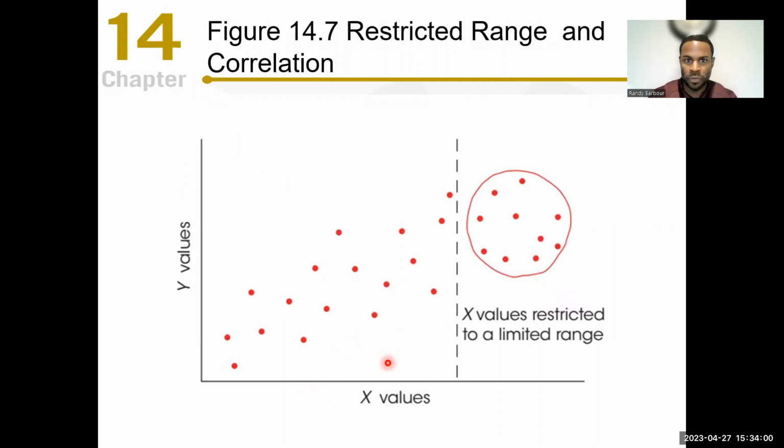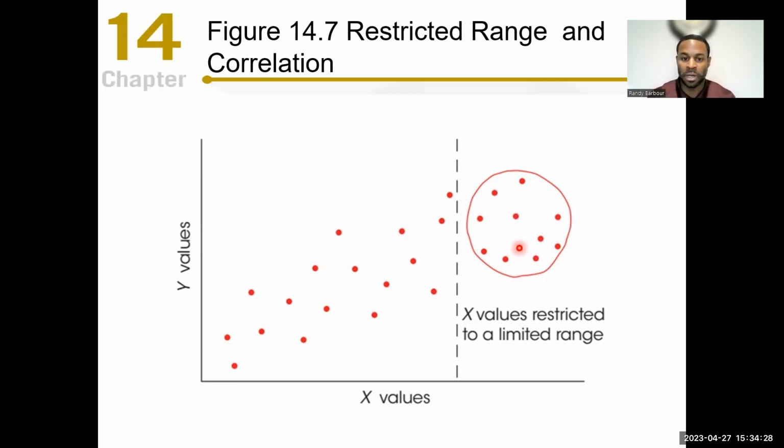Okay, so here's an example. In the values here, you see a positive correlation that goes up and to the right. But with a restricted range, if you just restricted the range to these values here, there's no correlation whatsoever. It's a zero correlation. Here you see a pretty positive correlation, but if you just restrict it to this range of X and Y values out here, then you see no correlation whatsoever.